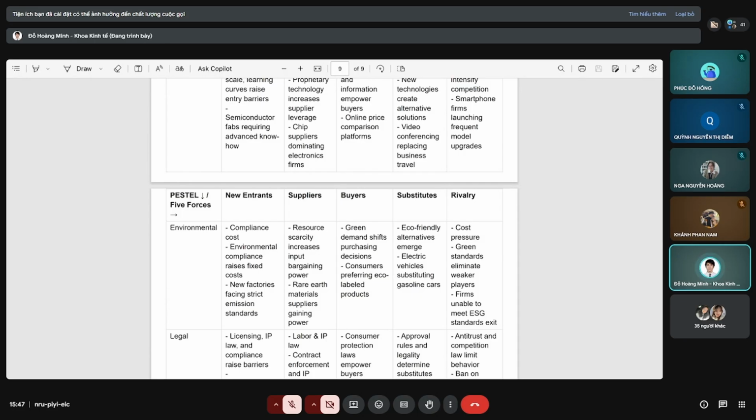And the last one, the environment can make the competition between the existing competitors more intense.